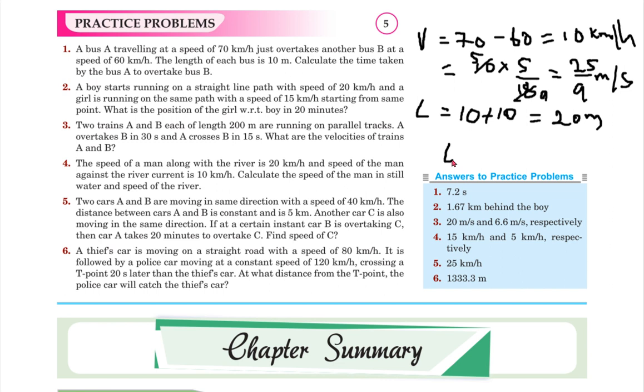So you can find T equal to length by velocity. Length is 20 divided by 25 by 9, and you can calculate the time in seconds.